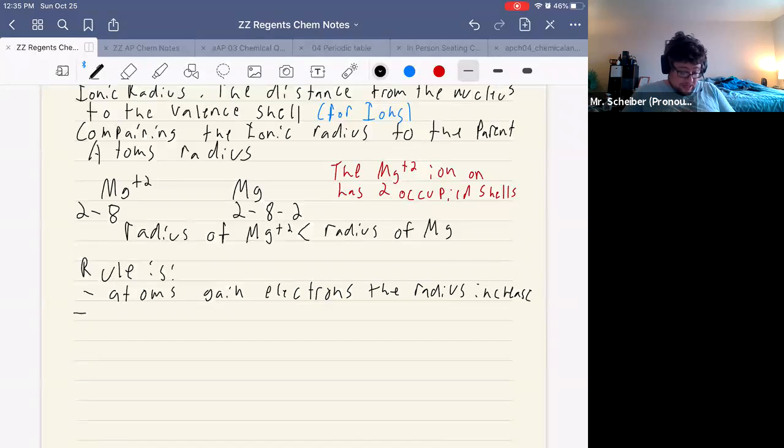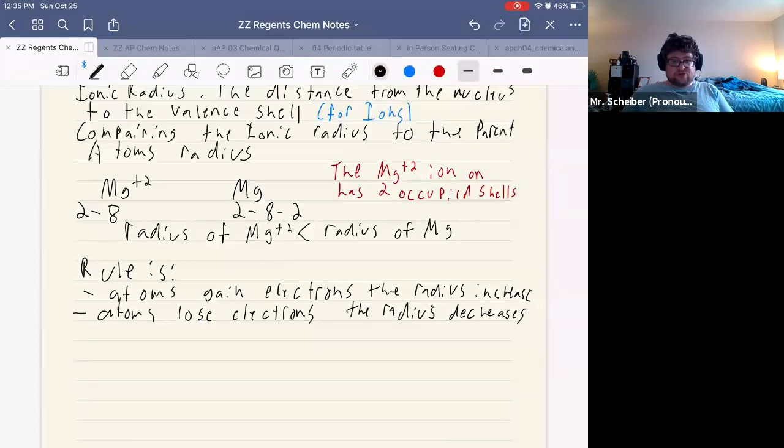And when atoms lose electrons, the radius decreases. Right? And that's pretty straightforward. And that is how we compare the radius of an atom to its parent ion.